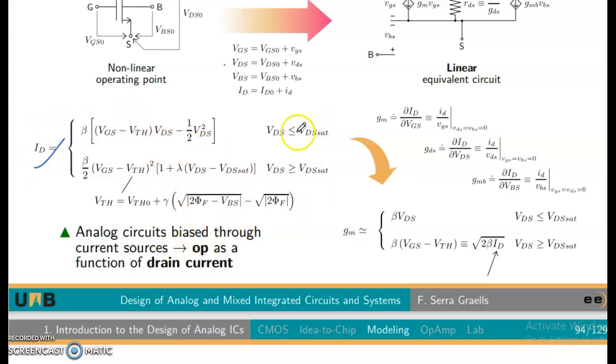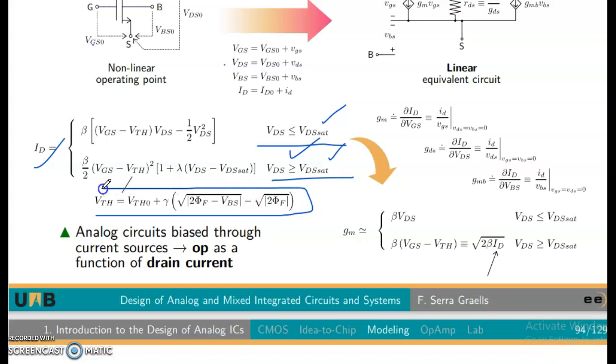ID current, these two conditions: VDS less than VDsat, VDS greater than VDsat. VTH equals VTH0 plus gamma times root of mod 2 phi f minus VBS, minus root of mod 2 phi f. Analog circuits biased through current sources. Operating point as a function of drain current.